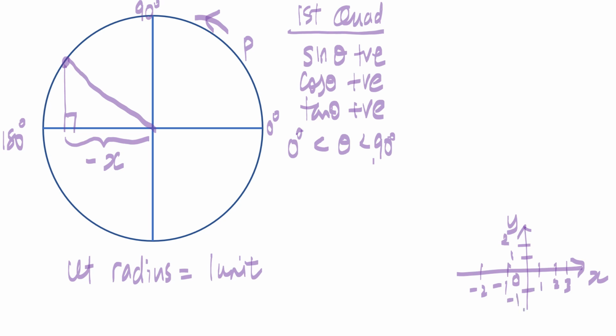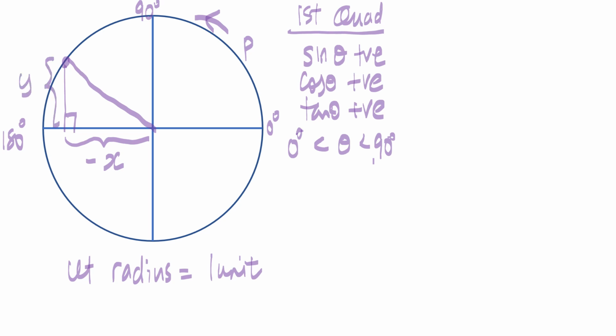Below the x-axis is negative. Okay, so we use the same concept, right? And then the y coordinate of this point is y. It's positive y because it's above the x-axis, and it's a unit circle, so we let the radius be 1 unit. Okay, so let's see what happened to the ratios.